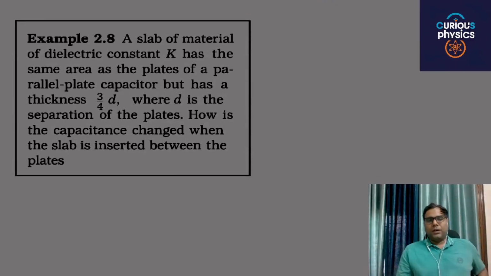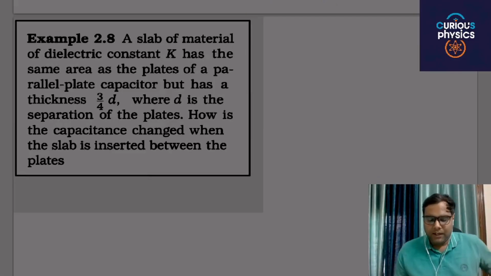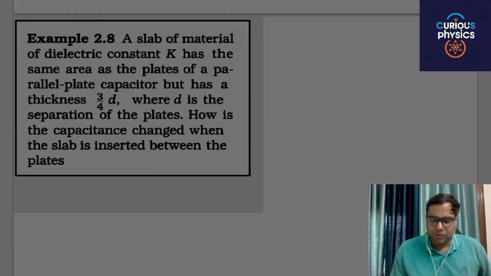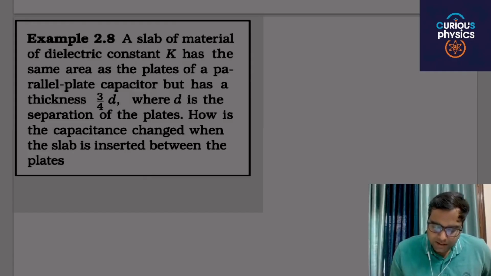Next, a slab of material of dielectric constant K has the same area as the plates of the parallel plate capacitor, but has a thickness 3 by 4 D, where D is the separation of the plates. How is the capacitance changed when the slab is inserted between the plates?